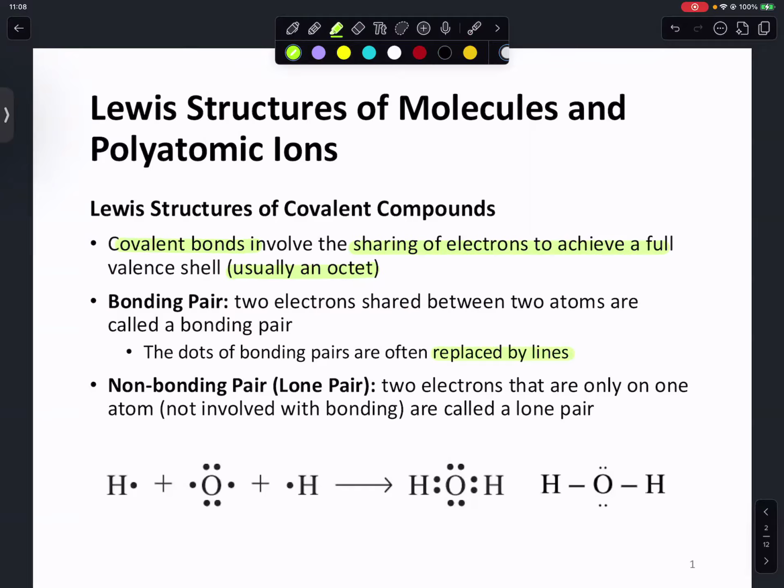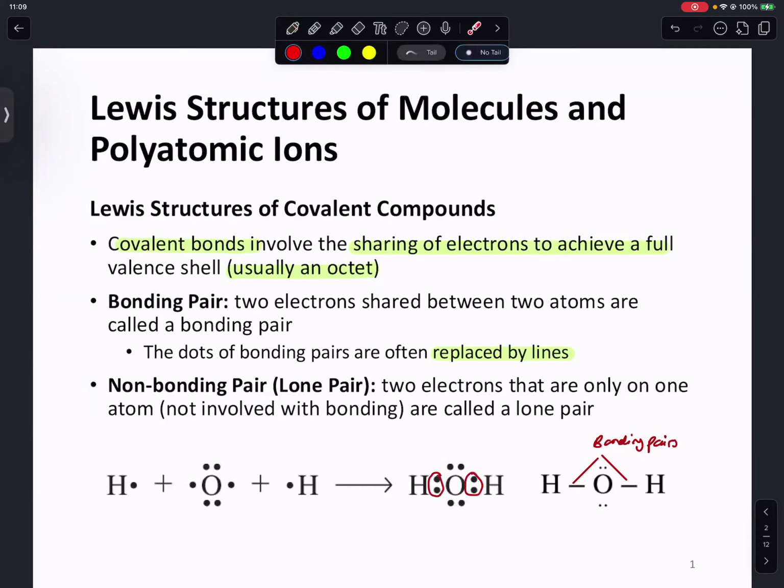For example, in this structure right here, which represents the Lewis structure of H2O, the lines right here are the bonding pairs, which represent the two electrons.